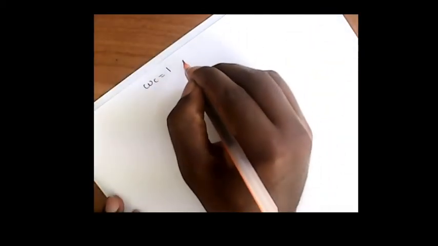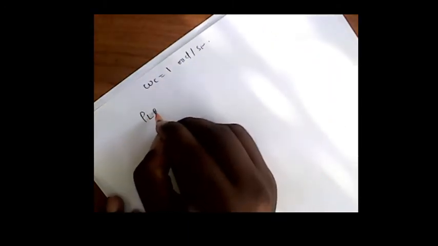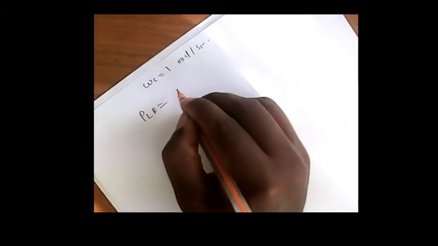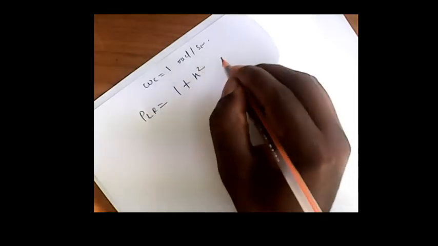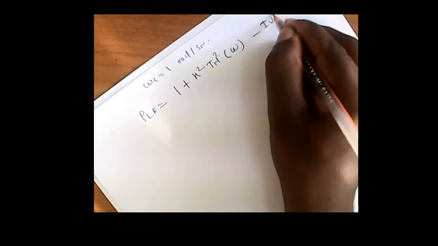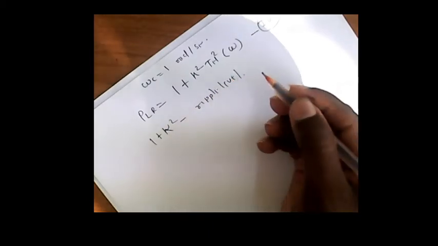So the cutoff frequency again is omega c equal to 1 radian per second, and the power loss ratio, which was defined in lecture number 6 for the Chebyshev filter, is 1 plus k square Tn square of omega. So this is equation number 4, where k square is the ripple level in the pass band.